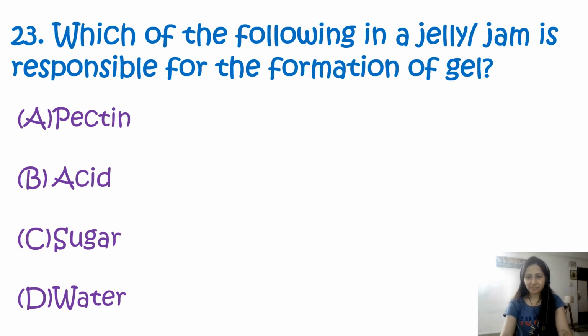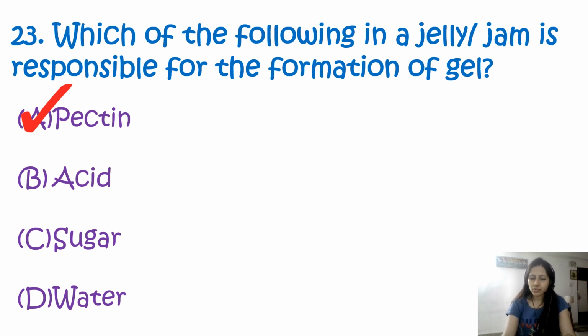Question number 23. Which of the following in a jam or jelly is responsible for the formation of gel? Pectin, acid, sugar or water. Correct option is A, that is pectin. Pectin is a naturally occurring polysaccharide found especially in the skins or cores of fruits.